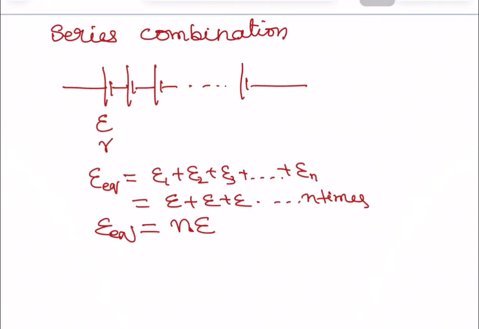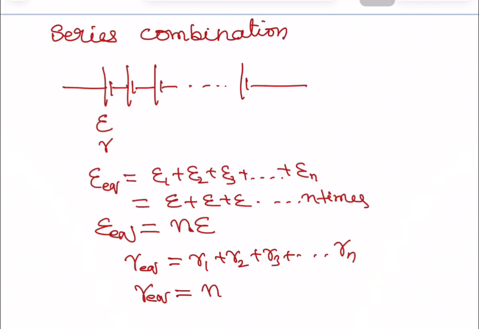Similarly, we have derived that R equivalent is the sum of the individual resistances, because they are all connected in series and their resistances get added up. So R equivalent becomes just n times the internal resistance of an individual cell.